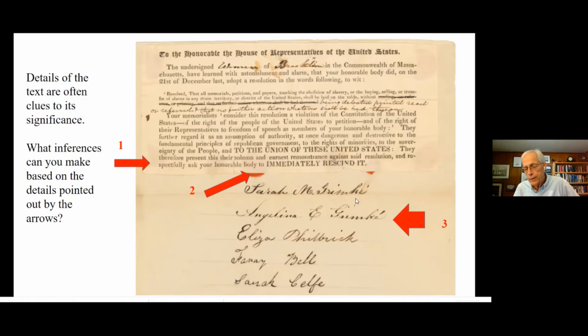And does anybody recognize this point 3, the 2 top signatures? So go ahead and please use the chat box and tell me what inference you can make based on the details that I've pointed out by the arrows. Thank you, Marika. The Grimke sisters, yes.